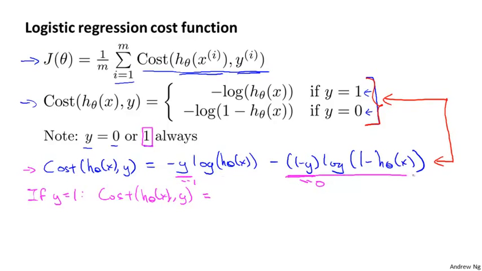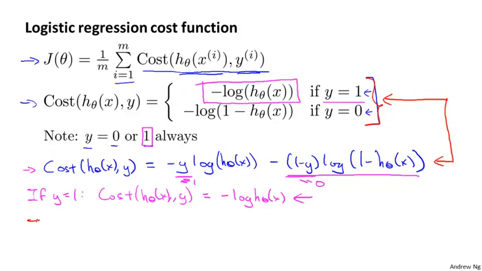So the second term gets multiplied by 0 and goes away. And we're left with only the first term, minus y times log h of x. Since y is 1, that's equal to minus log h of x. And this is exactly what we have up here for y equal to 1.